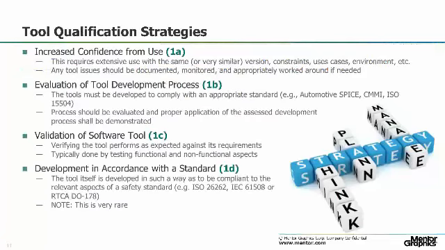So I will just jump through these fairly quickly. The final level is that the tool is actually developed in accordance with the safety standard itself. And as I note here, this is very rare. I think generally you'll find that doesn't apply to mainstream EDA tools. So generally you will be looking at 1A, 1B, 1C in terms of approaches for tool qualification.